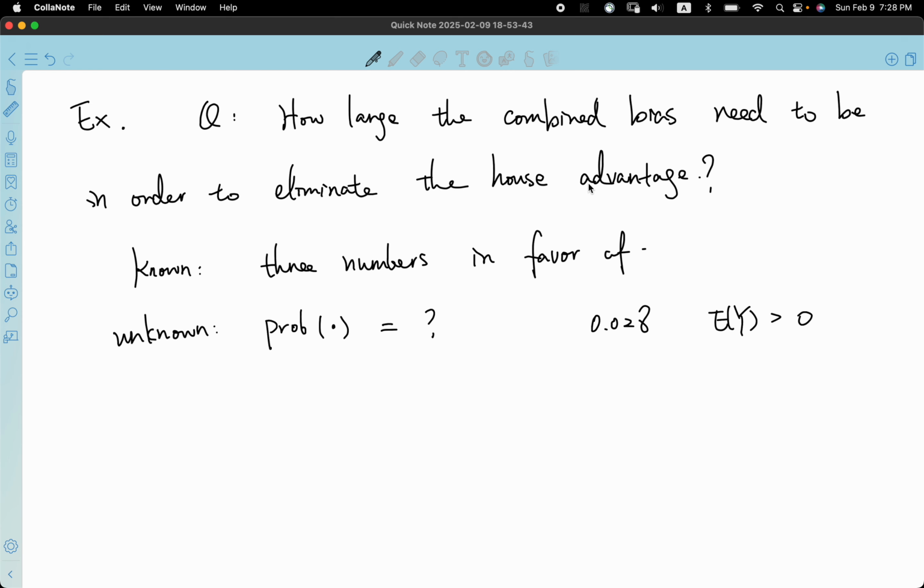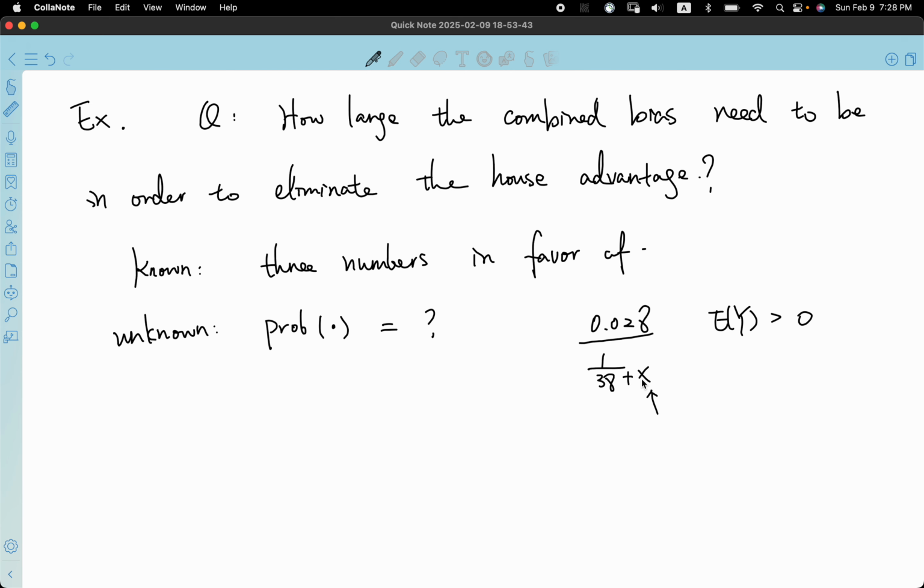Now we want to ask what this number should be, or the bias, which is 1 over 38 plus x. So what is this x number?